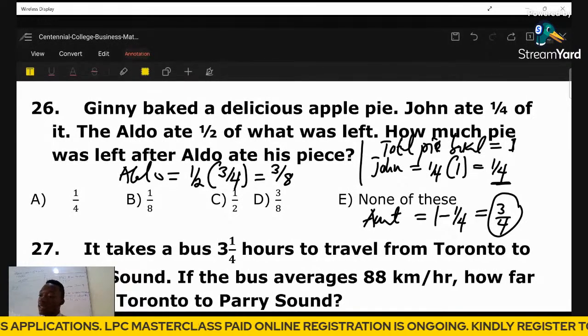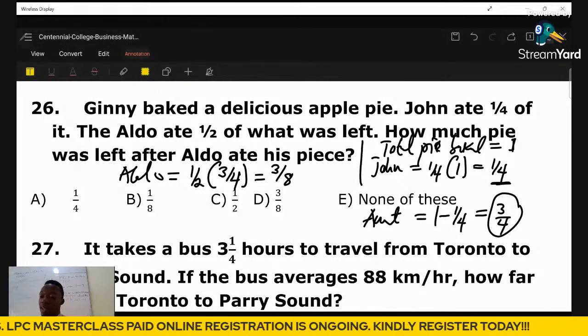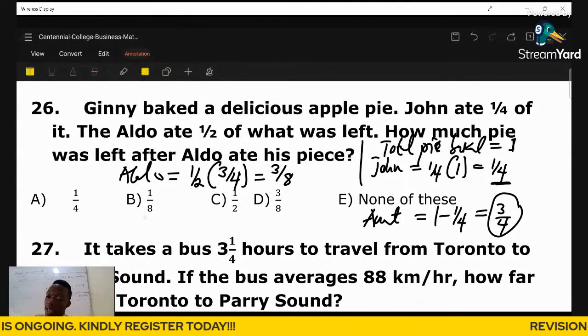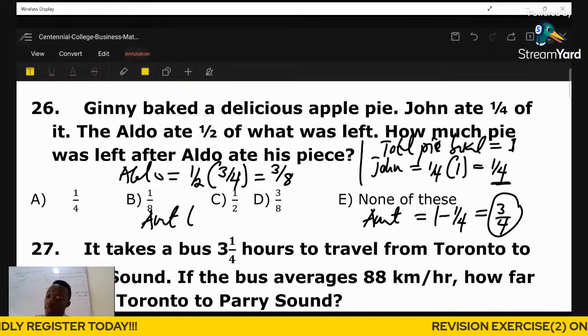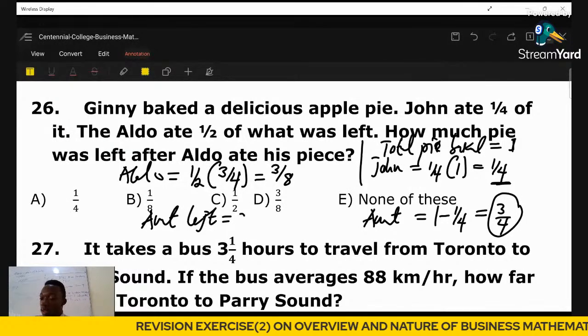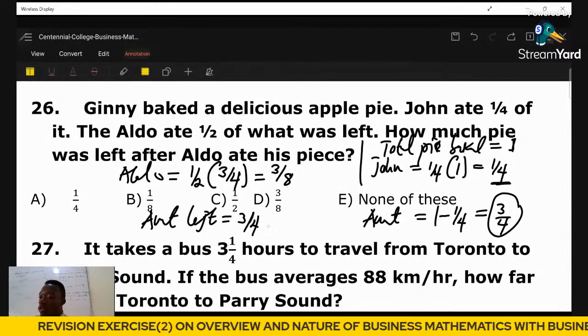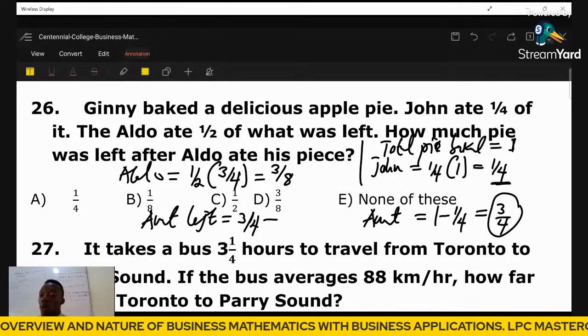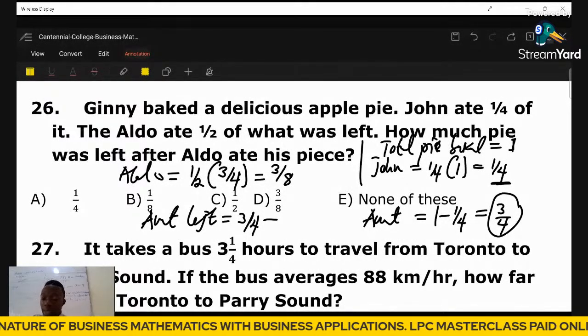The question is asking how much pie was left after Ado ate his piece of the apple cake. The amount left should be equal to the remainder after John's, which was 3 over 4, then you subtract Ado's, because he ate 1 over 2 of the remainder, where of means multiplication.